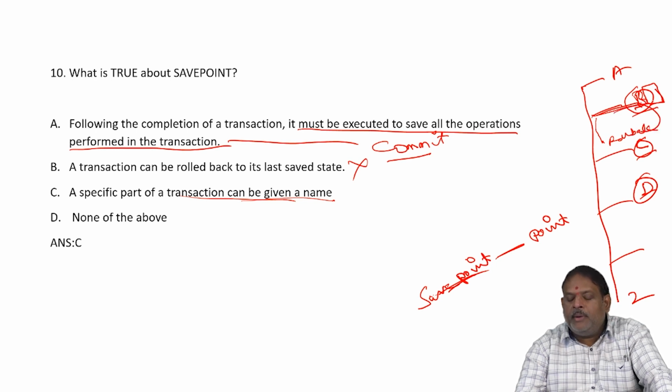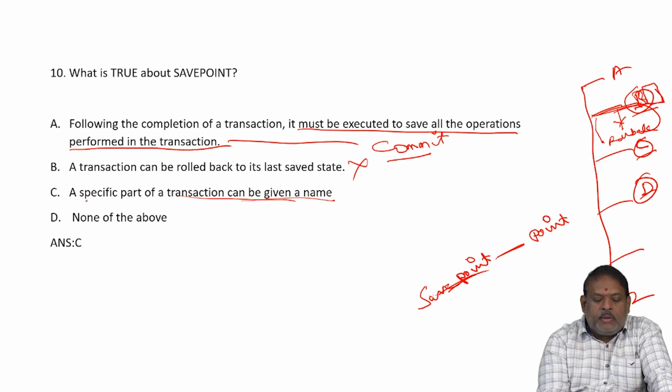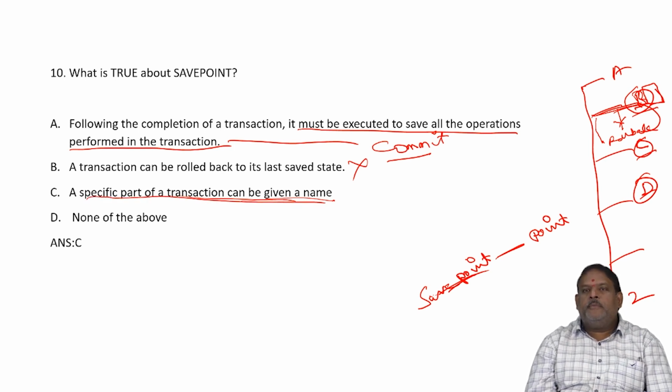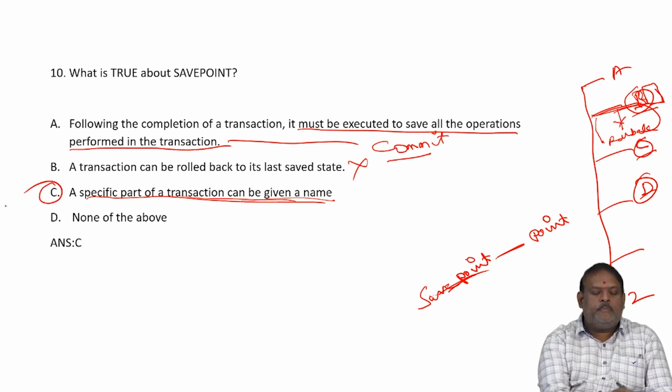The changes done from B to C are revoked. So a specific part of a transaction can be given a name. The answer is option C.